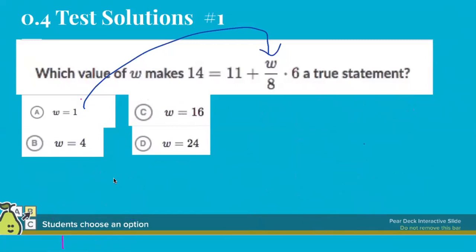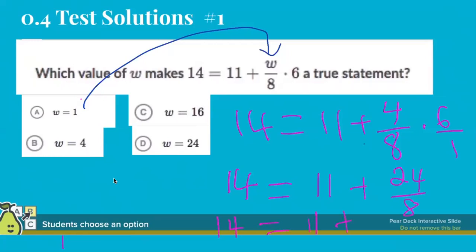Let's go back. We can plug it in. 14 equal to 11 plus. So Zenobia says the answer should be B, so we can do this. 8 times 6. You're right. I did not copy down the 6. 4 times 6 is 24/8. Yes.